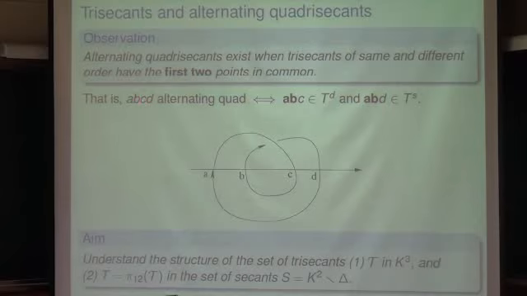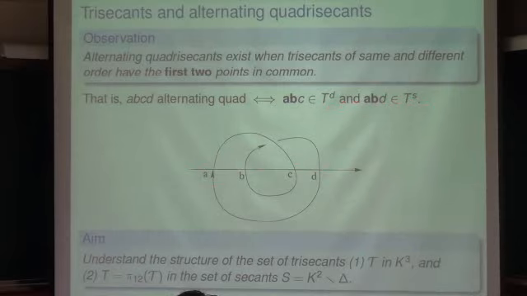And you can convince yourself that A, B, C here, A to C to B, that's a trisecant of different ordering. But if I think about A, B, and then D, I go A, just ignore that, and then I hit B, and then I hit D. So that's a trisecant of same ordering. So we're capturing alternating quadrisecants by looking at intersections of these sets.